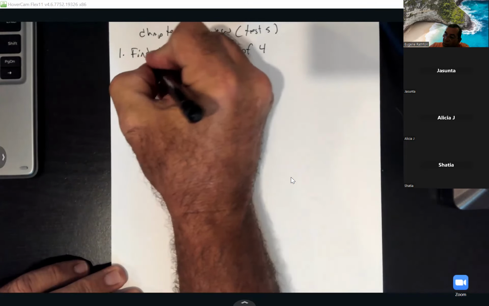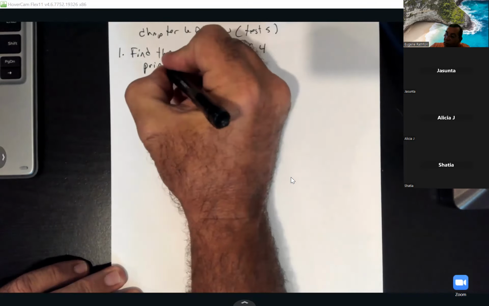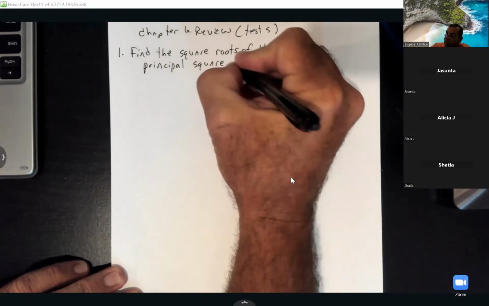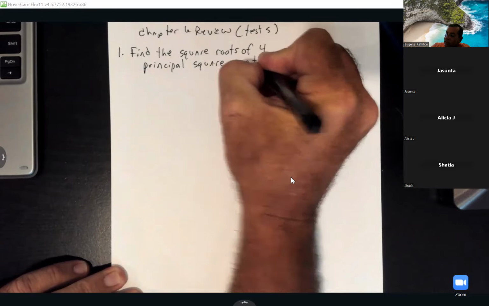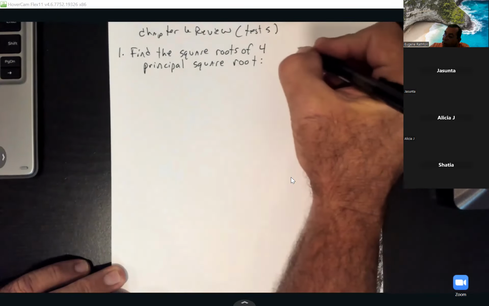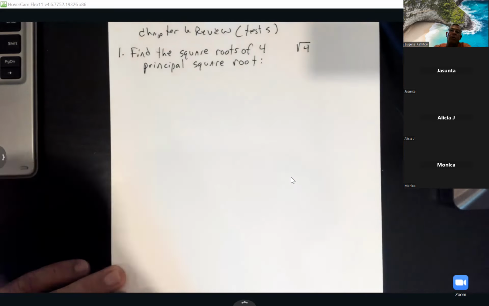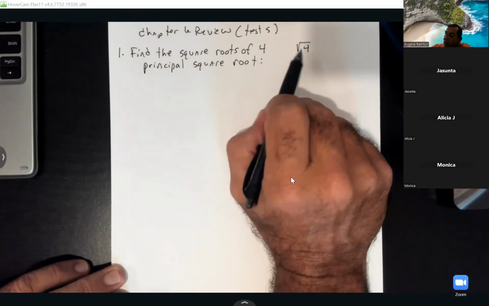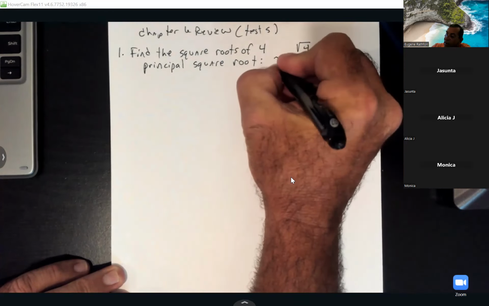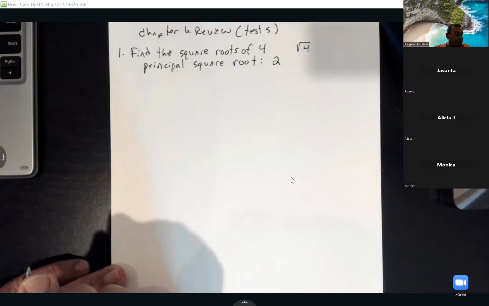So first, we'll find our principal square root. And so remember, y'all remember square root of 4 looks like this. So I'm just looking for a number that multiplies twice to get a 4, and that number would be 2.